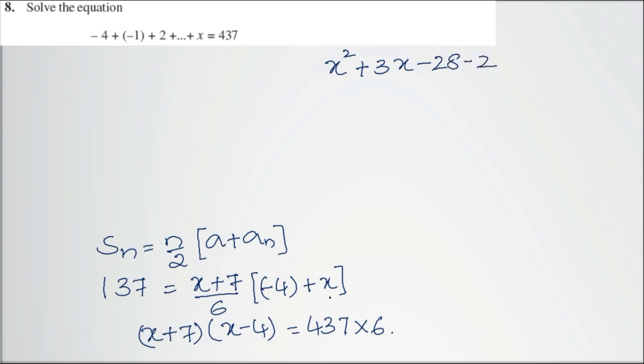When I transpose this product, it is minus 2622, which is equal to 0. So the quadratic equation is x square plus 3x minus 2650 equal to 0. Now we need to split the middle term.